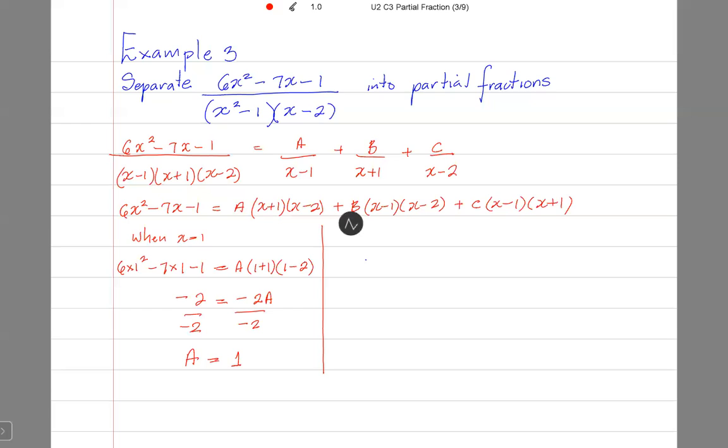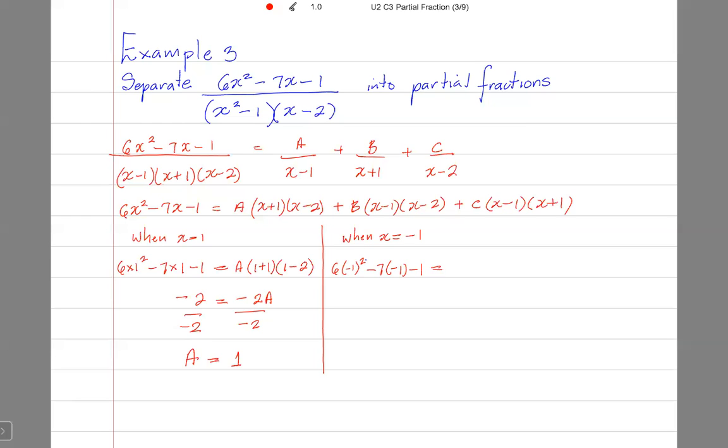All right, I could say when x is equal to minus 1, I'm going to get rid of a and c. So I'm going to have 6 times minus 1 squared minus 7 times minus 1 on the left.